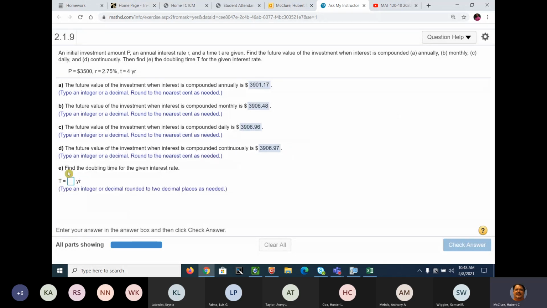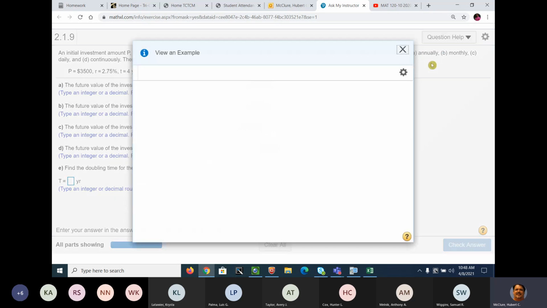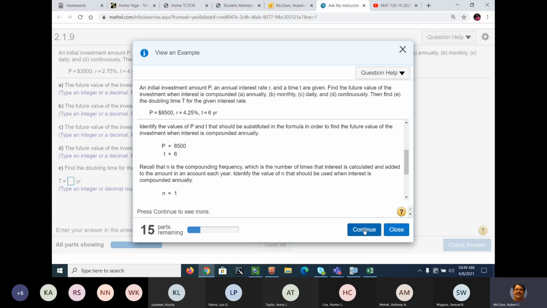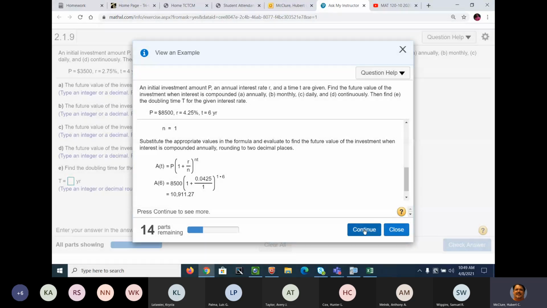Now, I hate this part. Find the doubling time for the given interest rate. Doubling time means that you're doubling it. And the best way to show you, they're going to double the T. Let me show you so I don't have to write it.